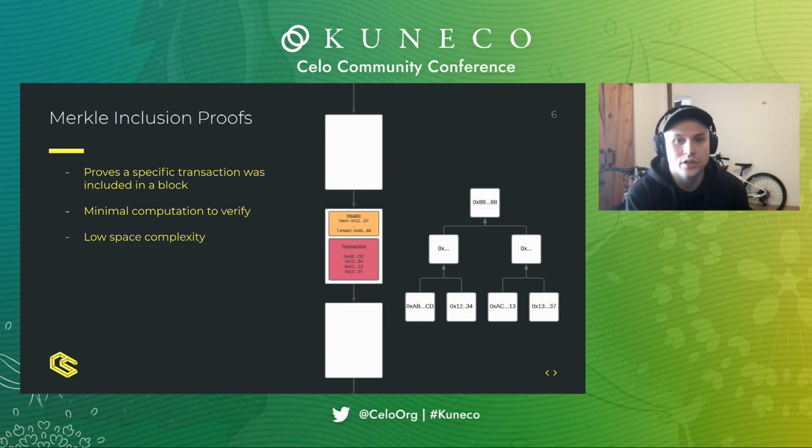The proofs for these are pretty easy to verify and have a very low space complexity. For example, if we wanted to prove that the transaction in green was included in this block, we would just need to show that these other nodes in red can be used to reconstruct the root hash. So it really just involves several hashes to recalculate that.